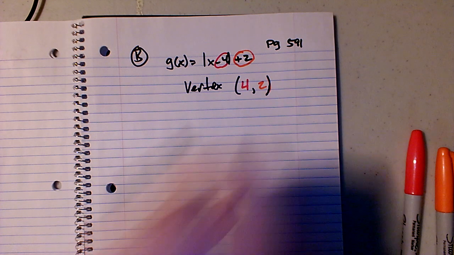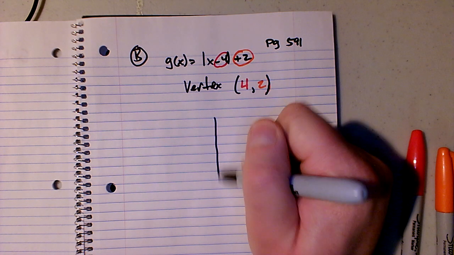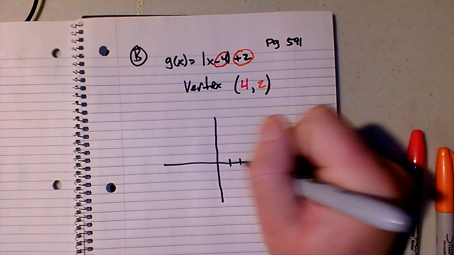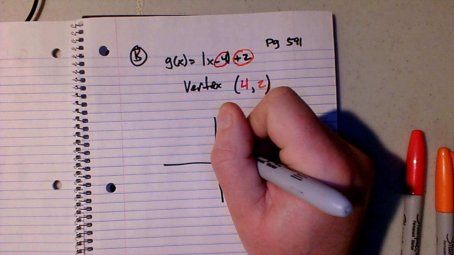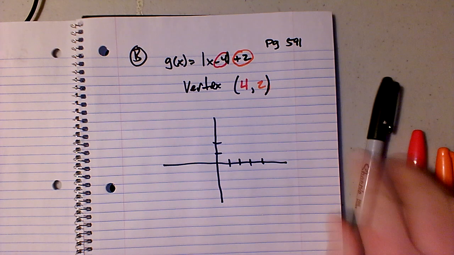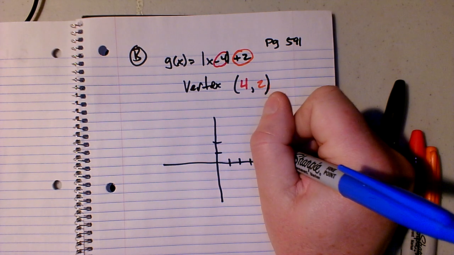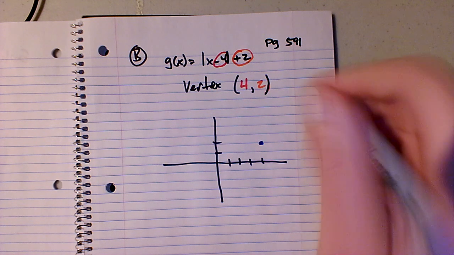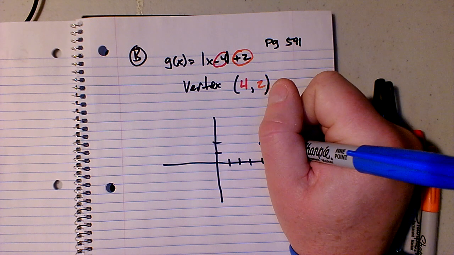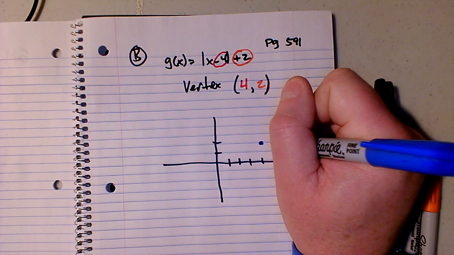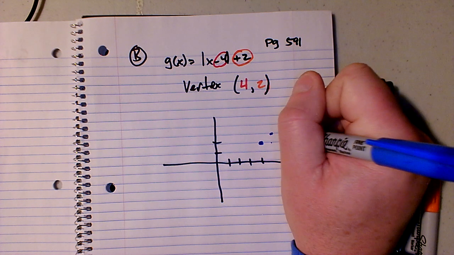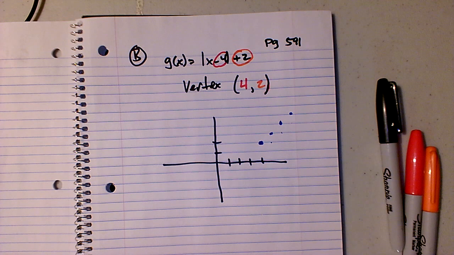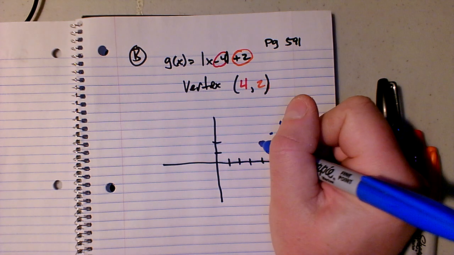So now I need to graph this. 1, 2, 3, 4. 1, 2. So I put my vertex at (4, 2). Then my slope is going to be positive 1 going to the right, so over 1, up 1, over 1, up 1, over 1, up 1, and negative 1 going to the left from the vertex.